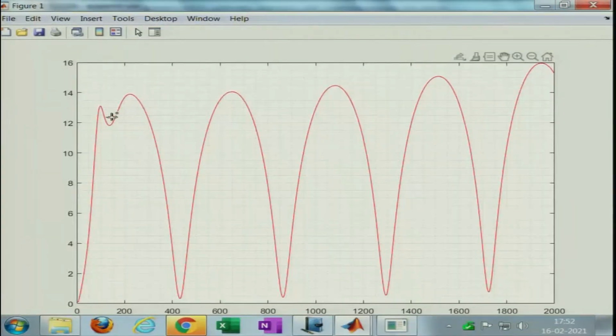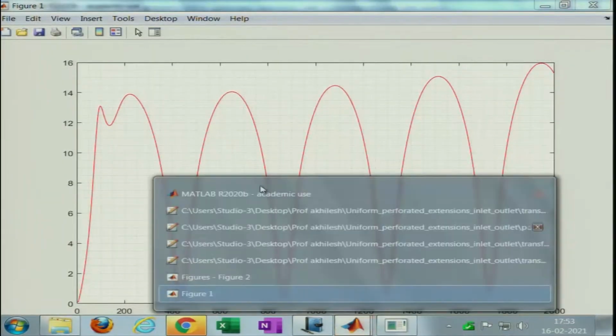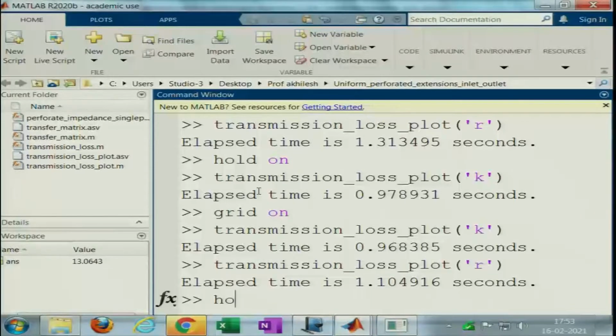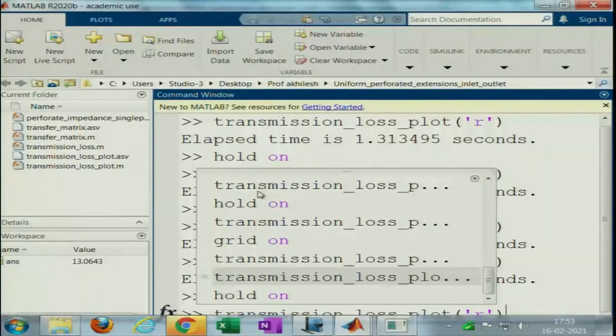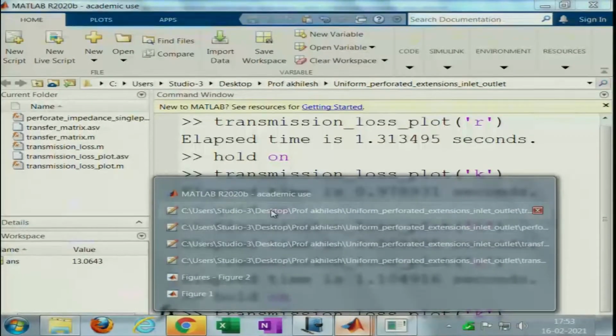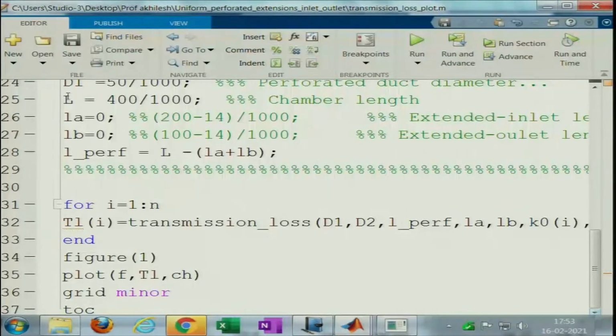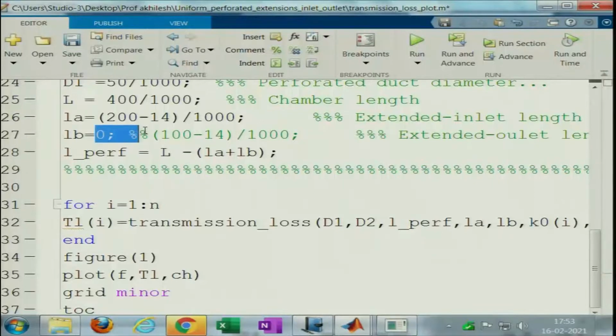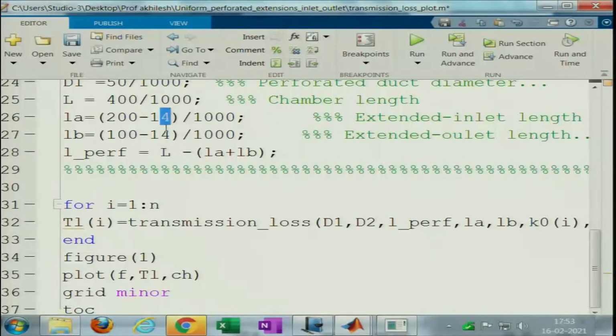We start getting these wiggles or these peaks. I will put hold on, and I will put this as 10 and 10 and see what happens.